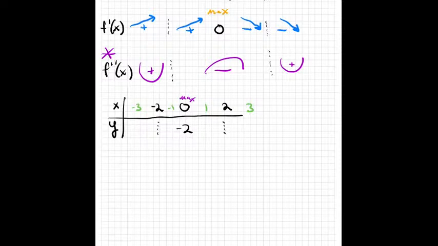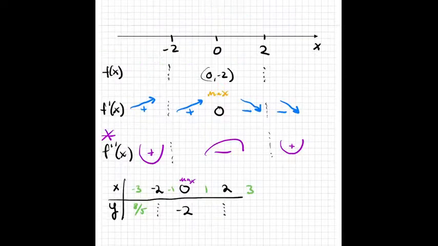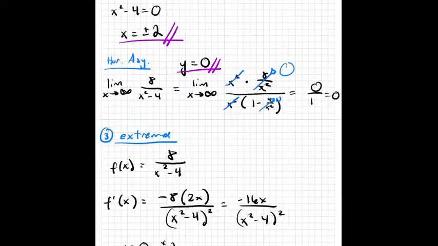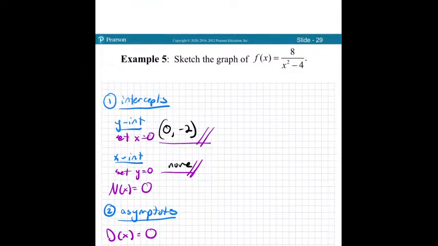When x is -1, 1 minus 4 is what, -3? So -8 over 3.